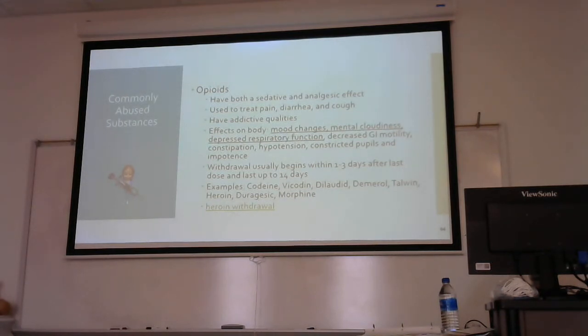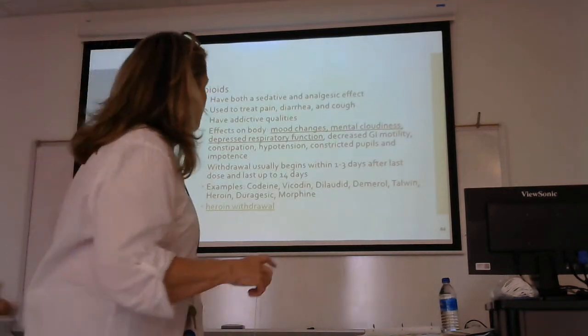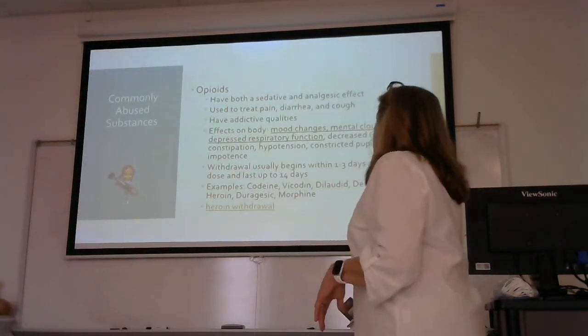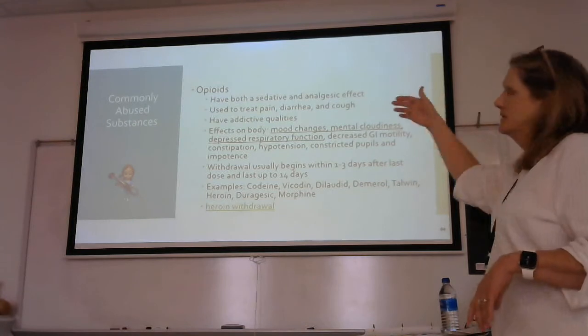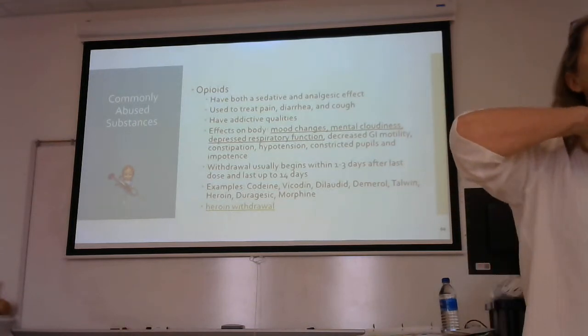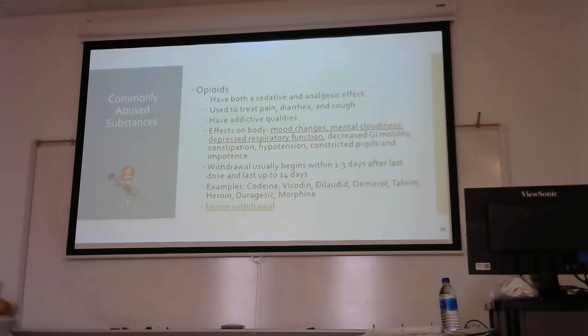So opioids are what we use to help with pain. But unfortunately, we've developed an opioid crisis in this country, and it does cause our body respiratory depression is one of the biggest things. So they develop withdrawals also within 1 to 3 days.